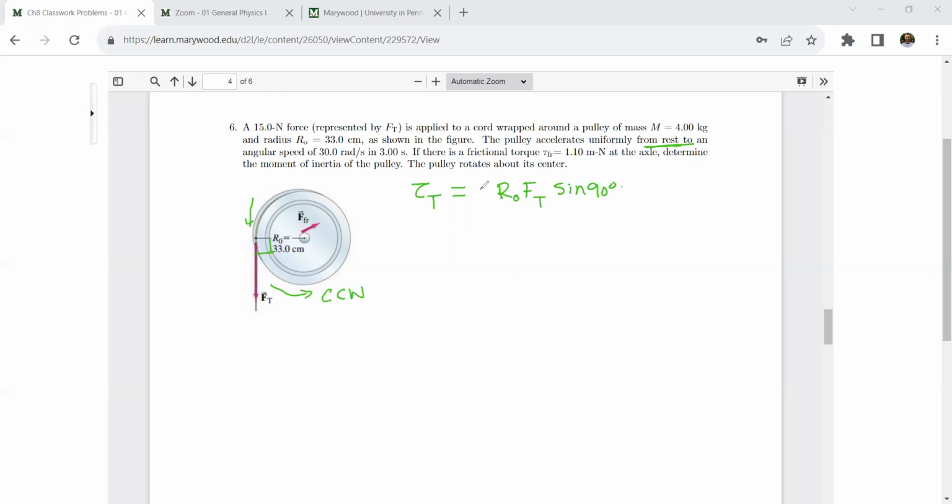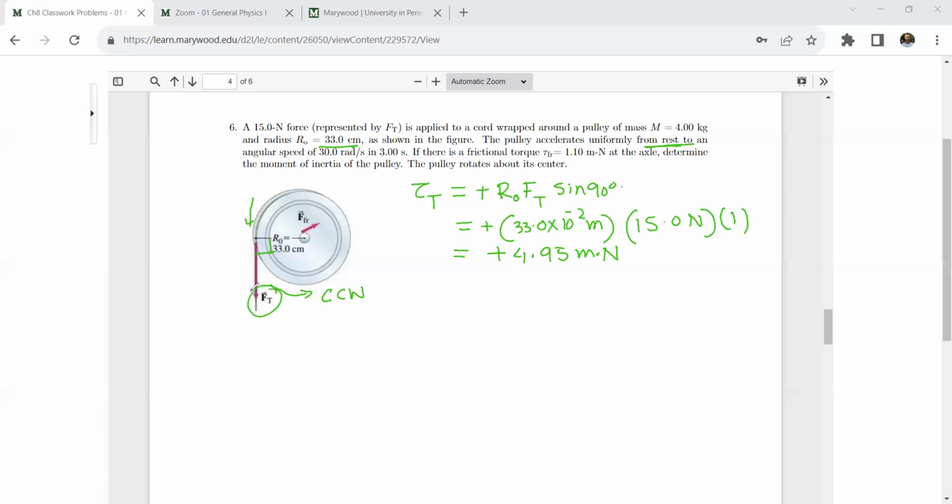Counterclockwise means positive sign. R0 is 33.0 times 10 to the power minus 2 meter. It's in centimeters, so we have to convert it into meter, and then Ft is given, 15 Newton. Sine 90 degrees is 1, so this gives us plus 4.95 meter Newton. This is the torque by this force.